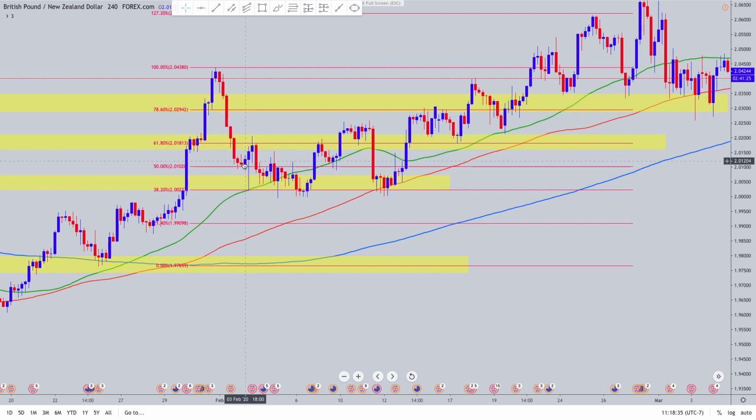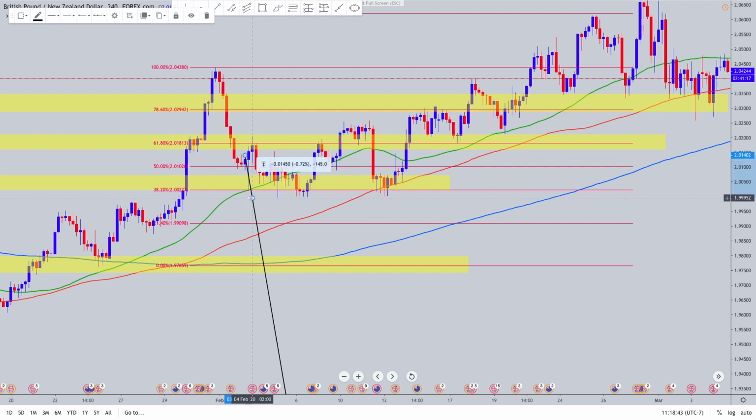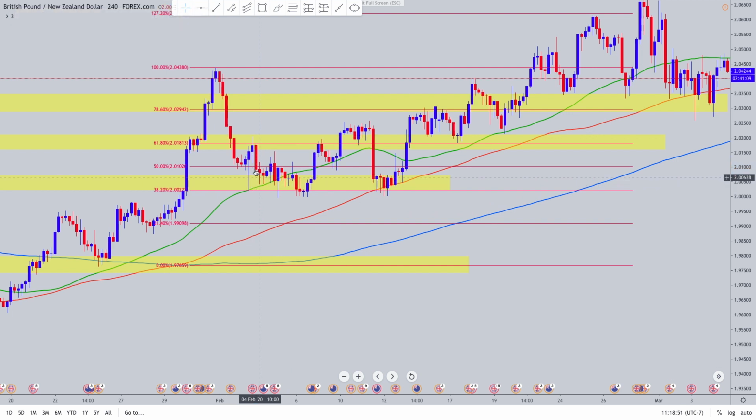So I'm sure a lot of people are probably tempted to buy right there, but if they did, they would have to sustain a 140 pip drawdown or more, or if their stop was here, they would have got stopped out. Like I said, if you get in a little too early without extra confirmation, then you will have to have either really wide stops or just get stopped out too early probably.